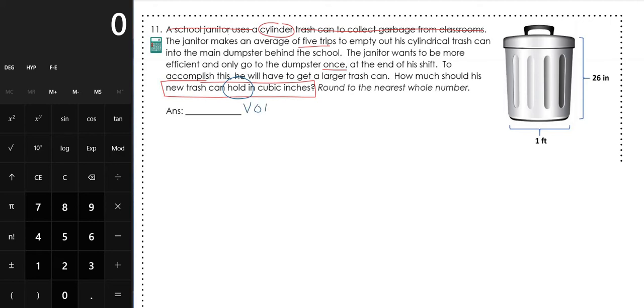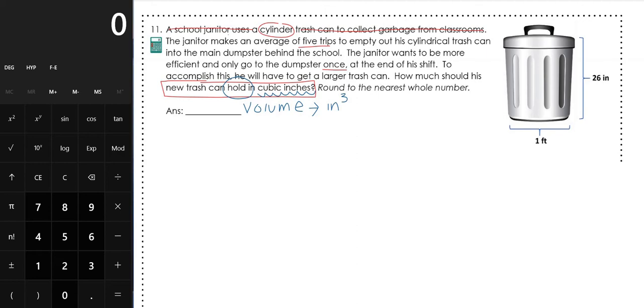So you have to recognize that this is going to be a volume question. If that didn't tip you off, they're asking for your final answer in cubic inches. In other words, inches to the 3rd power. That is only for volume. The 3rd power is for volume. So those 2 things should clue you into the fact that you're looking for volume.